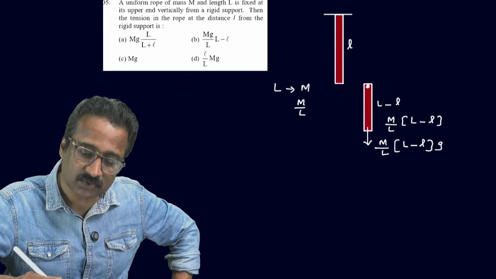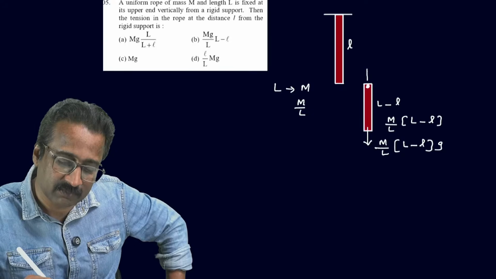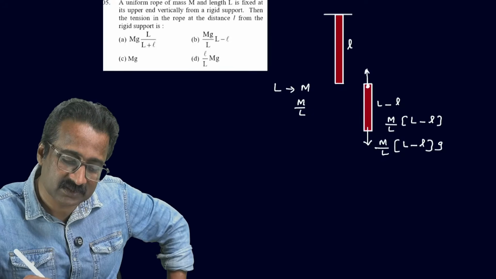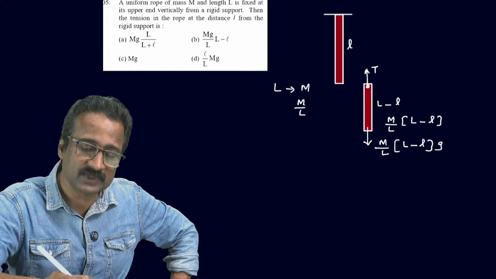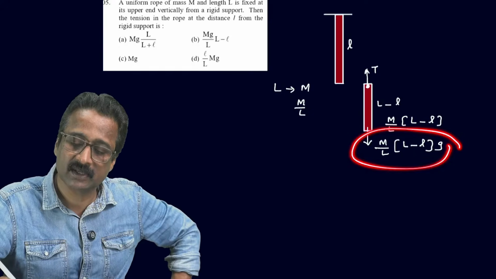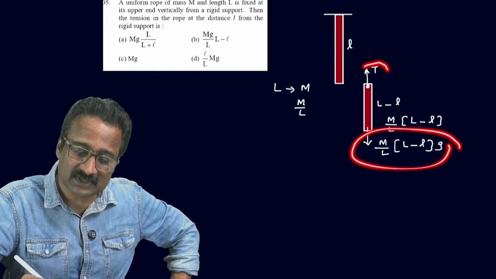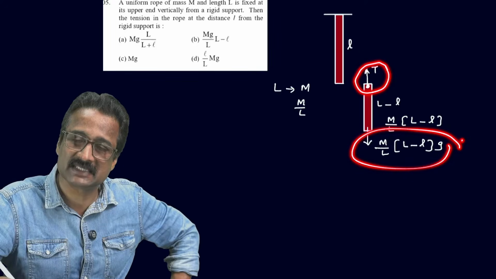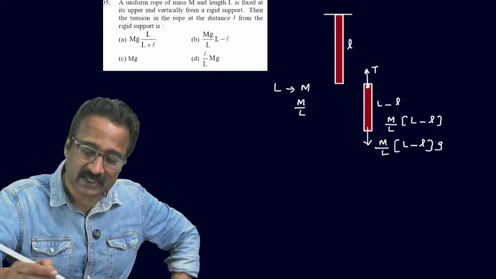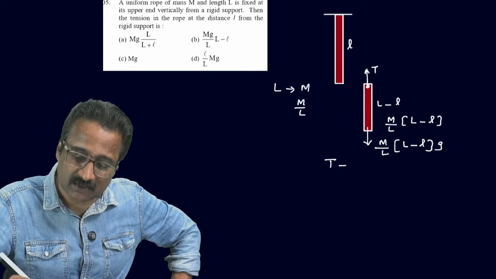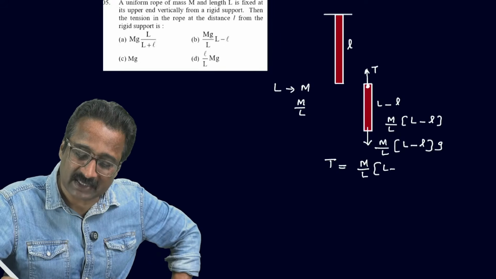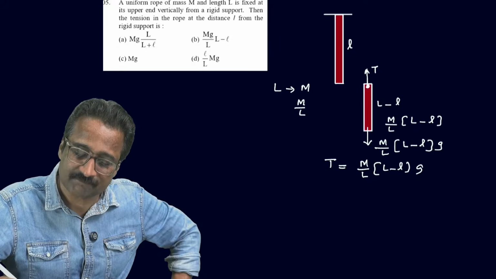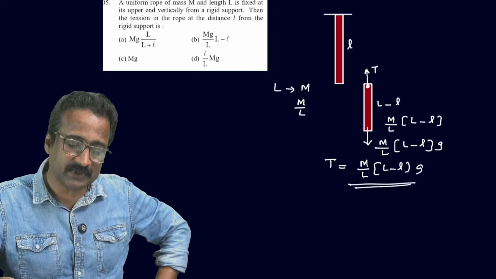So I'm showing that the tension is acting upward. This is the tension, this T. Now that T, the molecular force, is the force which balances this M by L into L minus l g. So this T must be equal to this. That's the idea. So I come to the answer. T, the tension at that point, is equal to M by L into L minus l, that into g. This is the tension at that point.